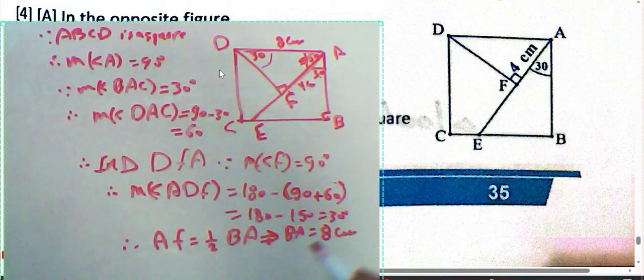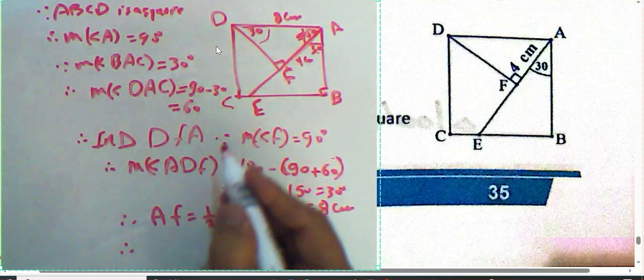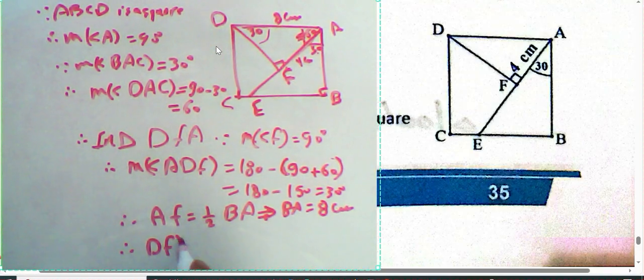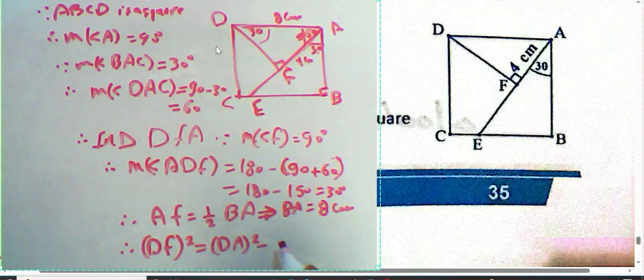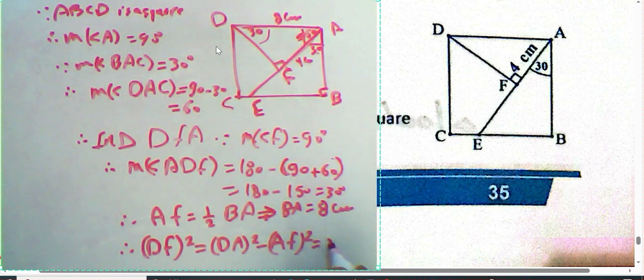Then we can find the length from the Pythagorean theorem. Then DF power 2 equals DA power 2 subtract AF power 2, which equals 8 power 2, which is 64, subtract 4 power 2, which is 16.